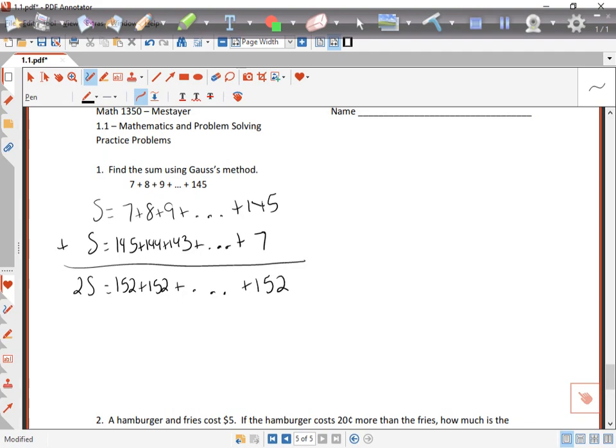Now we need to figure out the number of times this happens. We use all the numbers between 7 and 145. So remember, you go big minus small plus 1. That's going to give me 139. This happens 139 times.